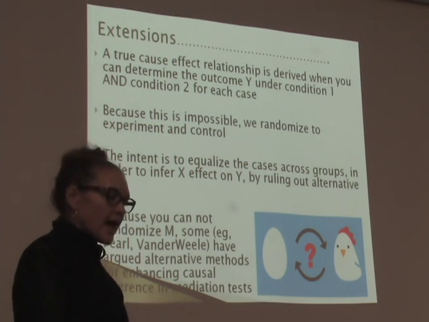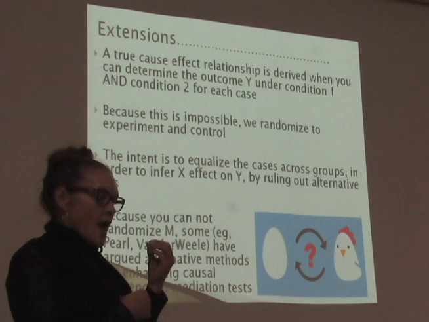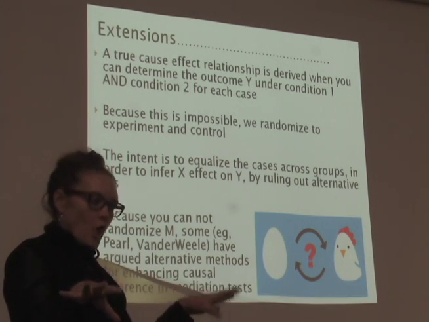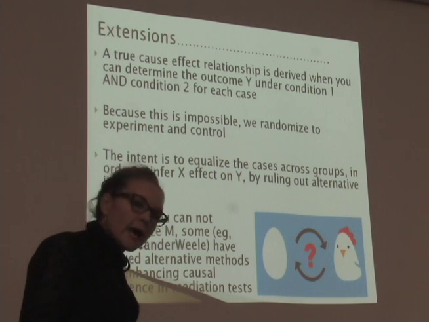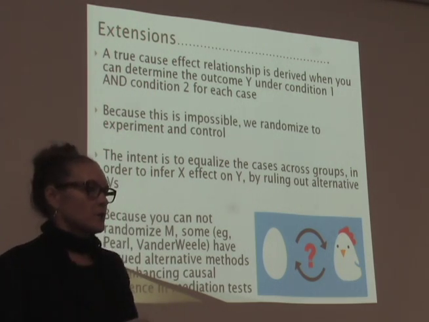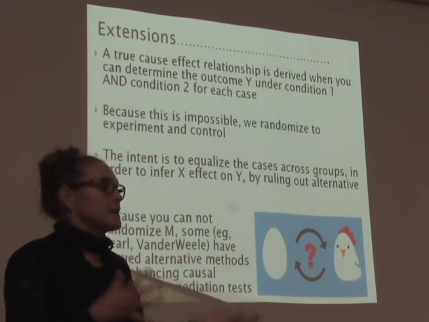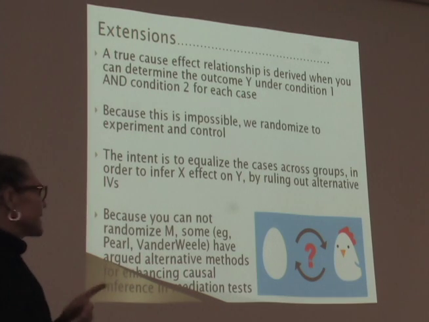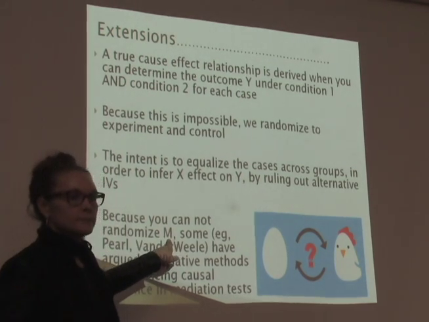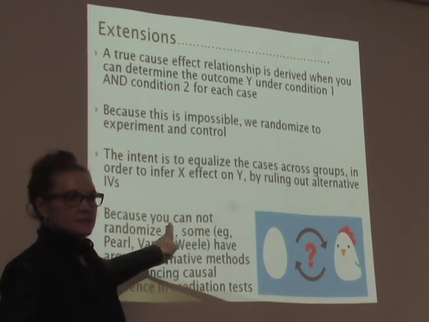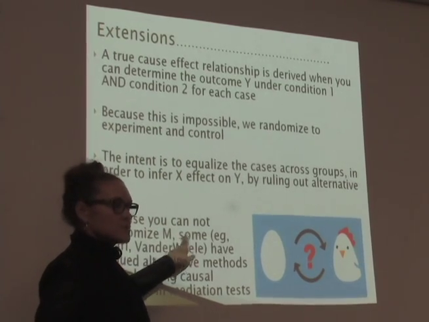The reason we do that is to equalize the cases across groups, therefore rule out alternative explanations, therefore strengthen the inference for the causal effect. The problem is that we can't randomize M to Y, right? We can randomize X to M, but we can't randomize M to Y, generally.